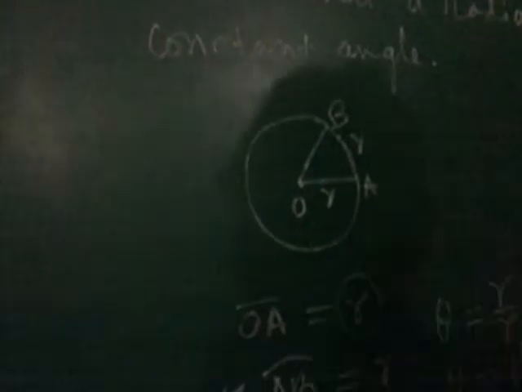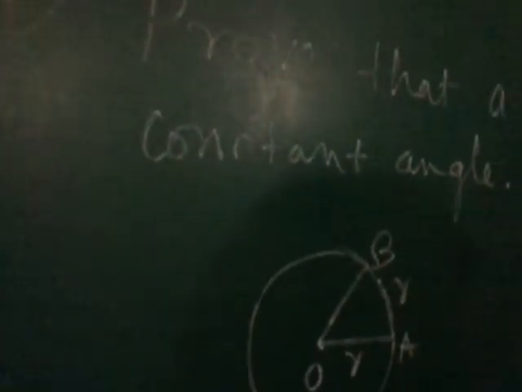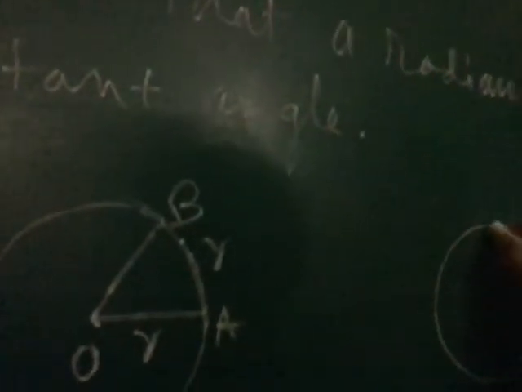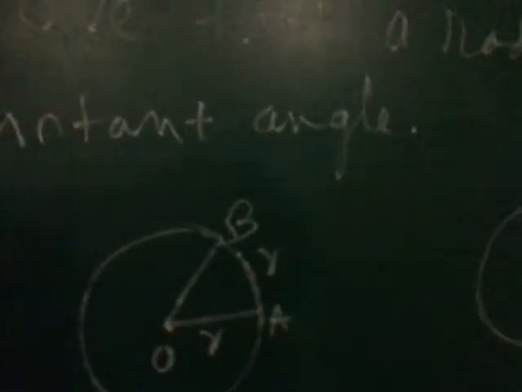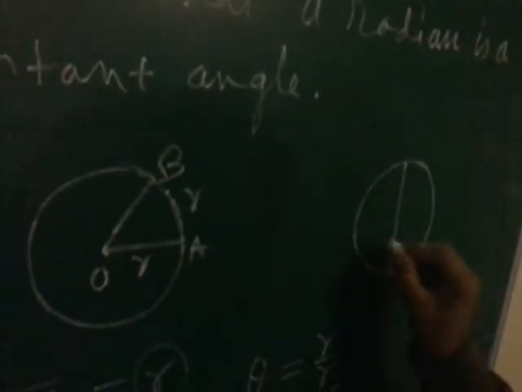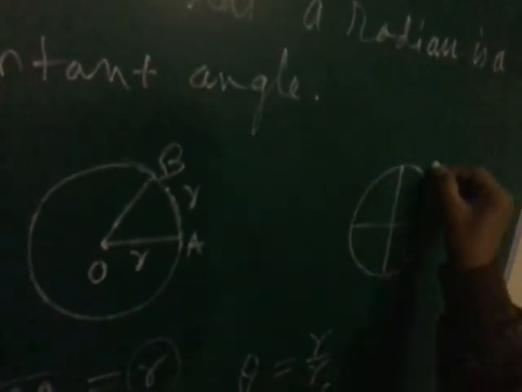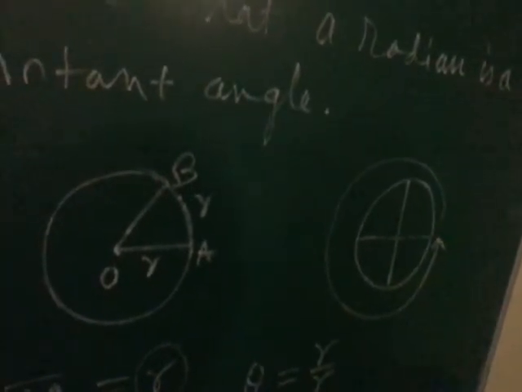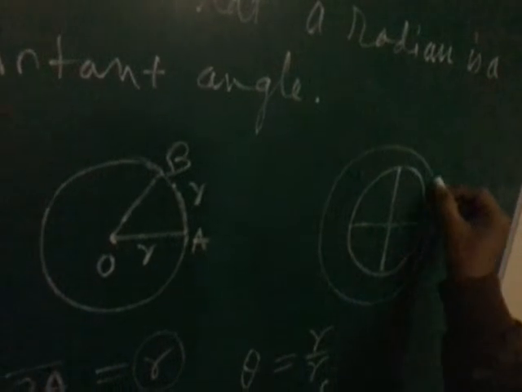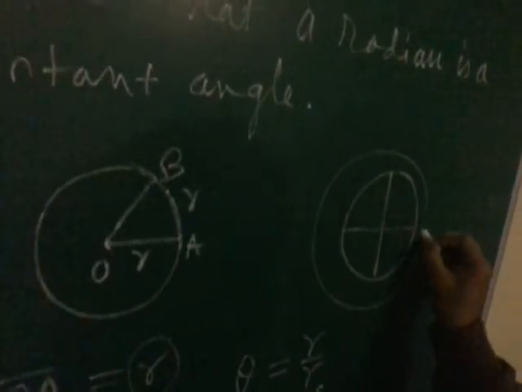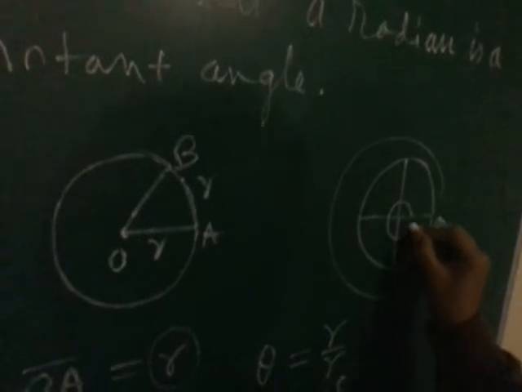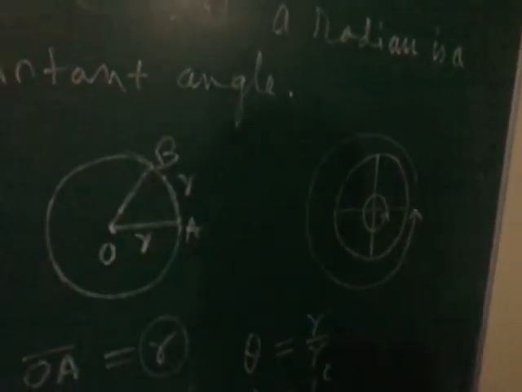From the similar circle, if we take the whole circumference, that means length will be the circumference of the circle, and angle will be the 4 right angle.